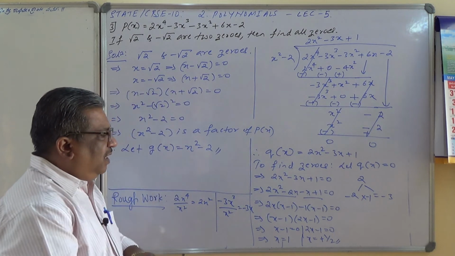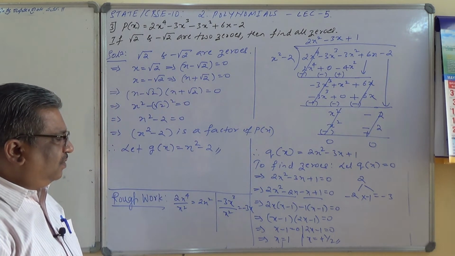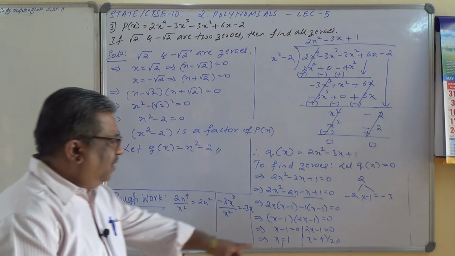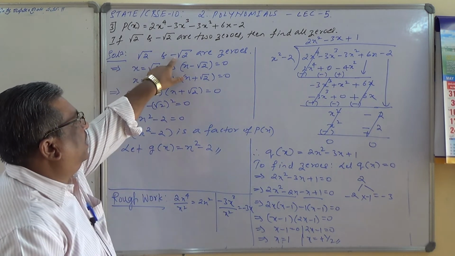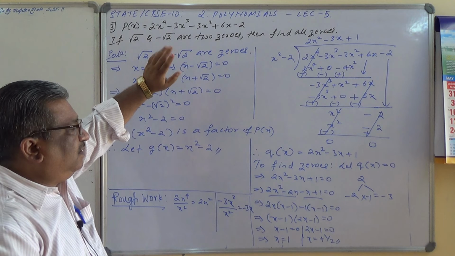So finally we got 4 zeros. Which are the 4 zeros here? x is equal to 1, x is equal to half, x is equal to root 2 and x is equal to minus root 2. These are the 4 zeros.